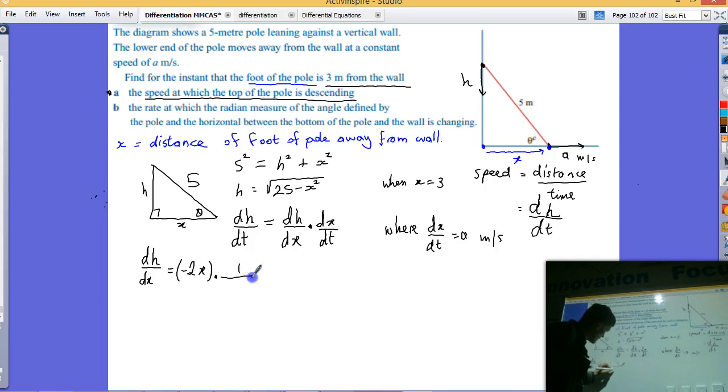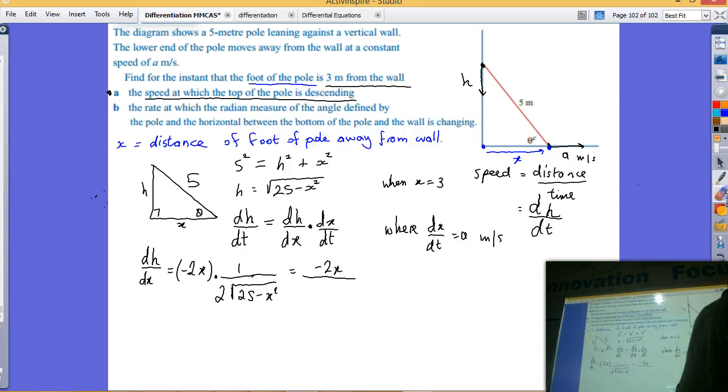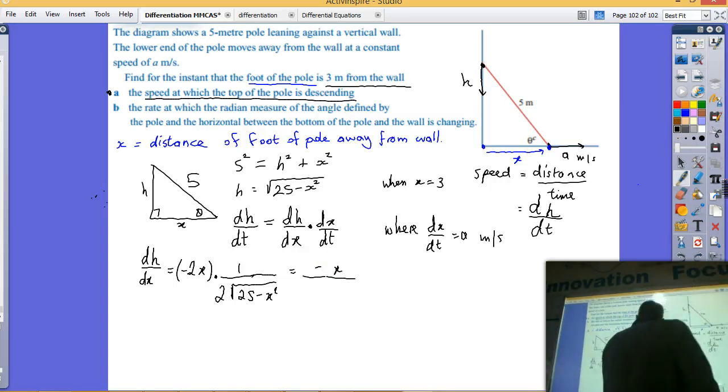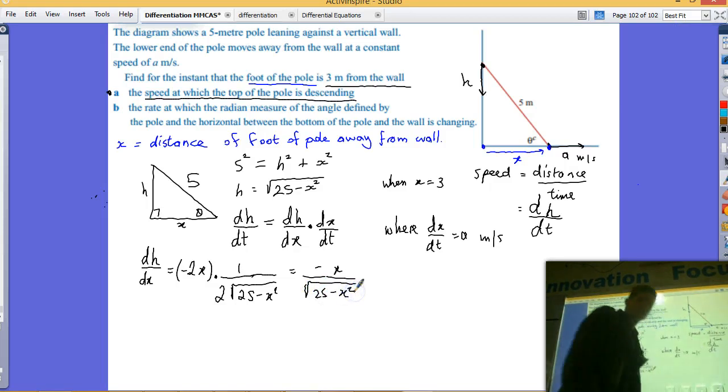That is now 1 over 2 square root of pronumeral u, which is 25 minus x squared. Okay, so we're just applying the steps of chain rule to acquire this expression. Simply, our 2 divide 2 will cancel out, so we won't have that factor of 2 there. Over square root of 25 minus x squared.